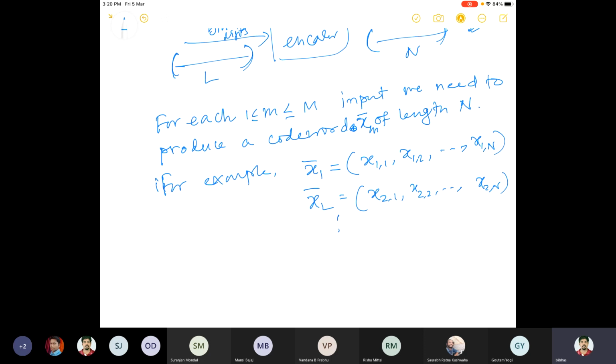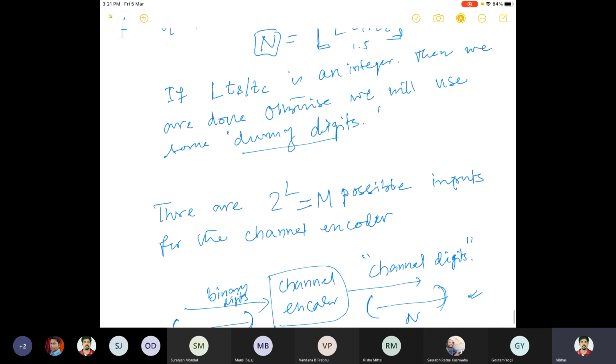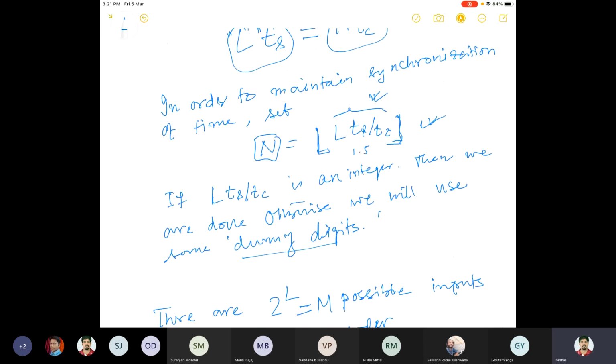Finally x bar M, capital M, will be x M1, x M2, and so on up to x Mn. So this is what I have to do. But I don't know what N is yet, I'll come to that. How do I decide the value of N? This is the recipe.